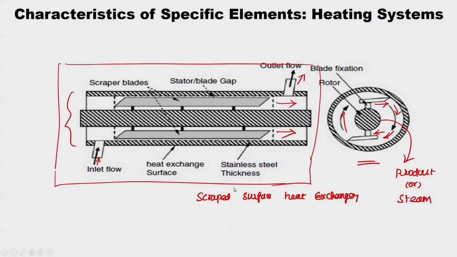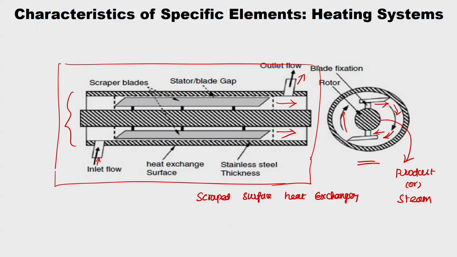And the second design is where the rotor itself is a hollow tube through which your product or steam is flowing, and outside should be the product, because the blade is used to scrape the product. Scraping in the sense that it rotates so that the product moves quickly, so that a better heat transfer coefficient will be obtained for the particular heating medium used, right?